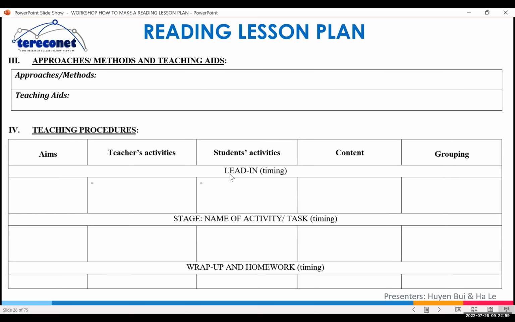So I usually start the lesson with reading, and then we divide it into different stages. For each stage, we write the name of the activity together with the timing, and also remember to wrap up the lesson and to assign the homework here. So if you have more questions related to this, you can contact me later because we do not have time to go through all of the things here.